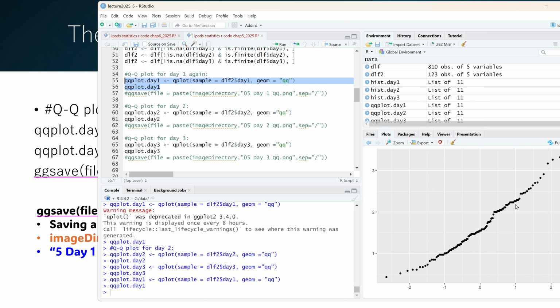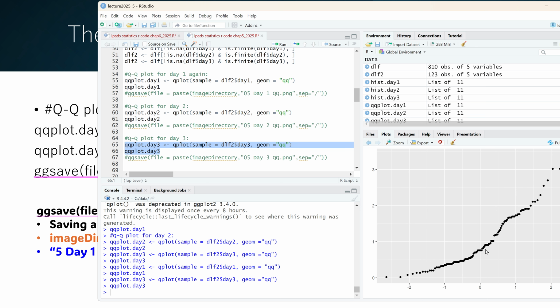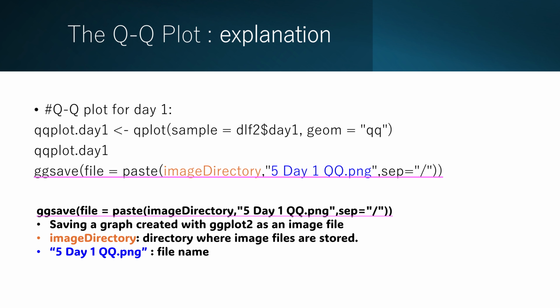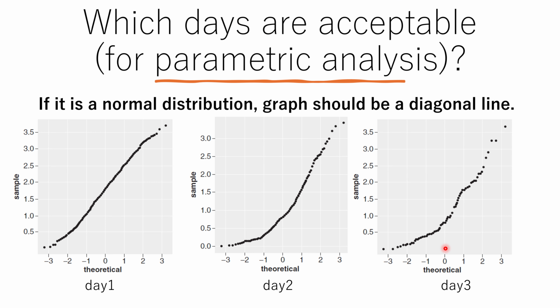That is here. It is a relatively smooth linear line, but the QQ plot for day 3 is not linear. Like this: day 1, day 2, day 3.